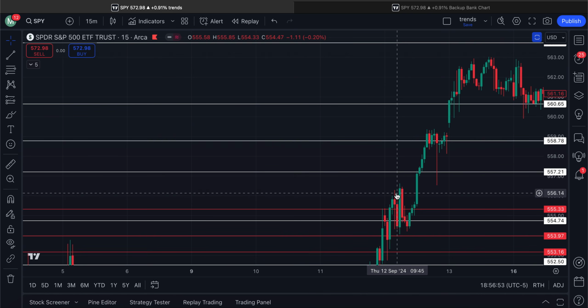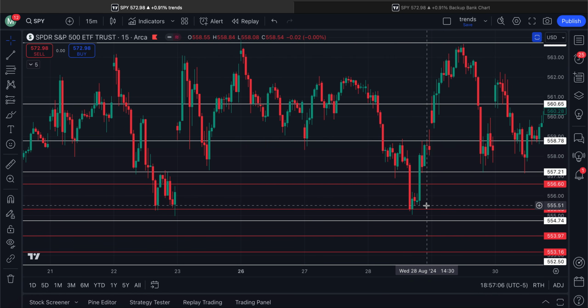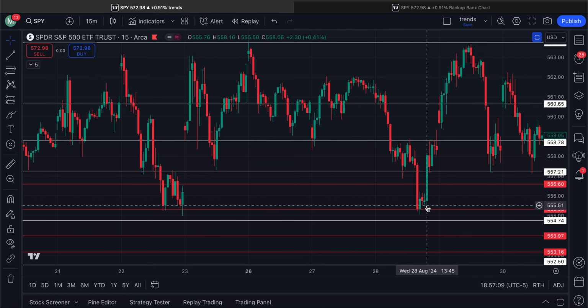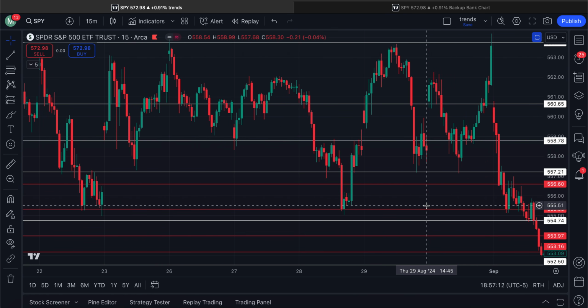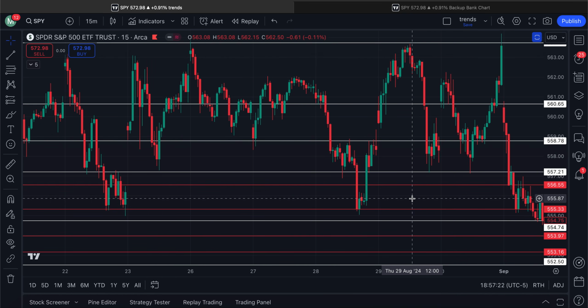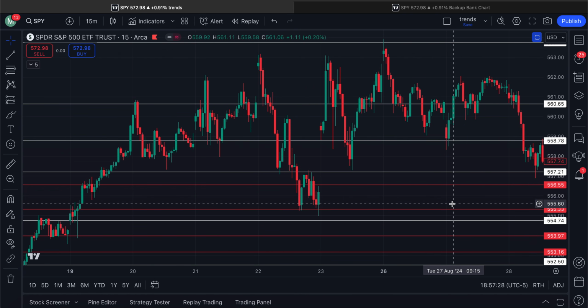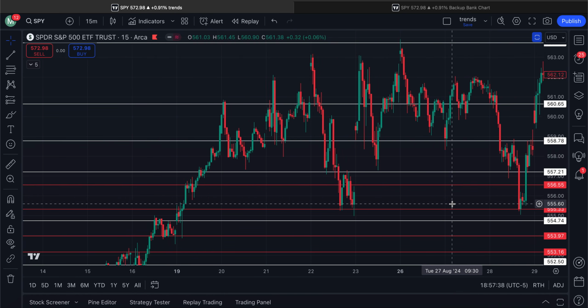And our supply zone from 557.21 would be 556.55.